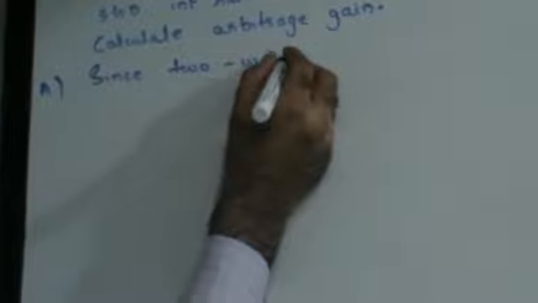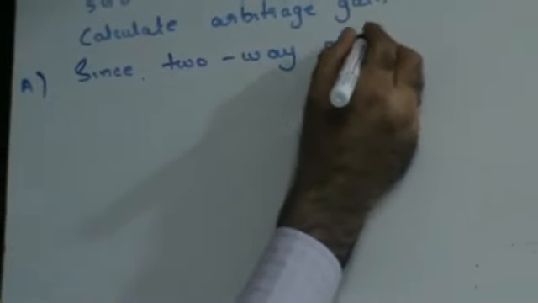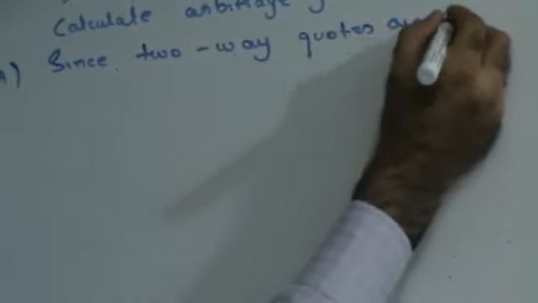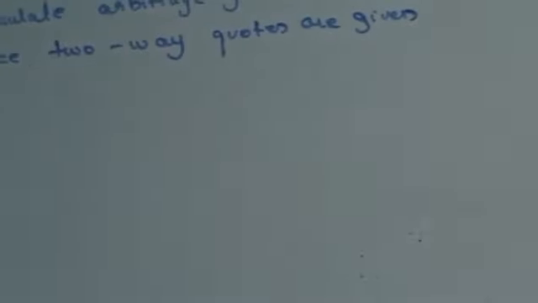When two-way quotations are given to you, as in they have given you the bid rate and the ask rate, it is not possible to have a formula that will help us identify whether arbitrage is possible or not.